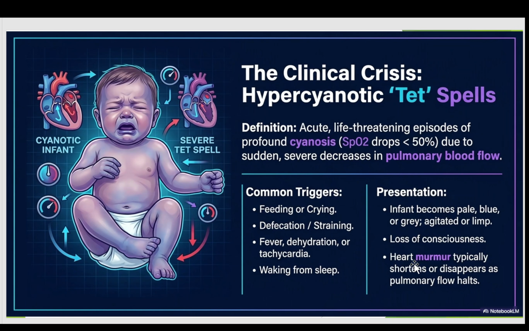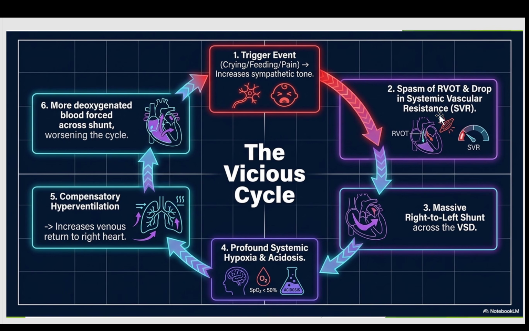The triggering event causes spasm of the right ventricular outflow tract and a drop in the systemic vascular resistance. A massive right to left shunt occurs through the VSD, resulting in profound hypoxia and acidosis because of anaerobic metabolism. Compensatory hyperventilation takes place, which also allows more venous blood to enter the thoracic cavity, worsening the cycle further.